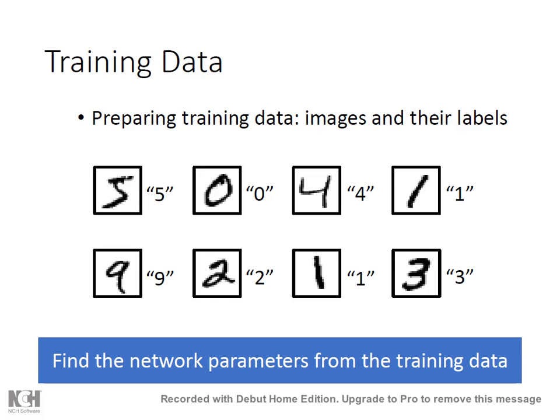For each image, a 256-dimensional vector, I give you a label, for example 5, 0, 4, like this. So here is our training data. It's supervised learning.